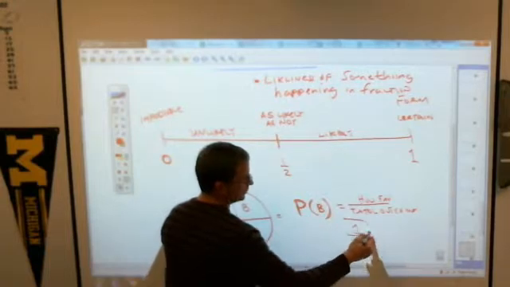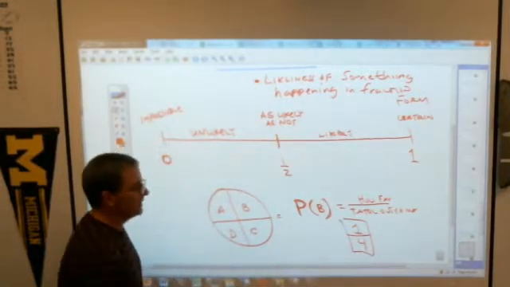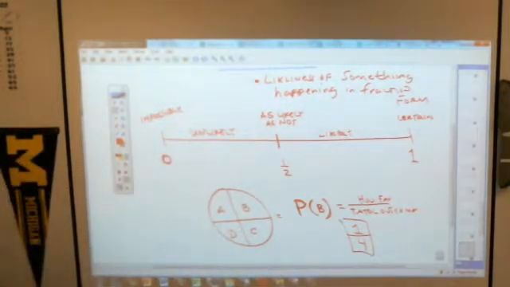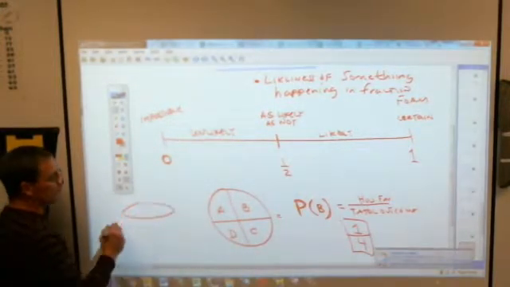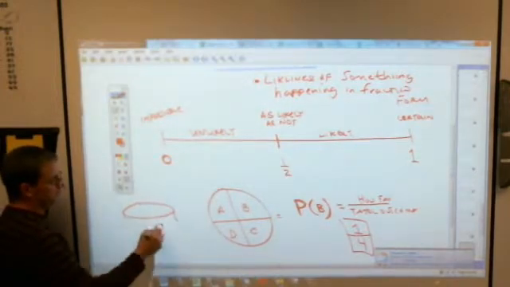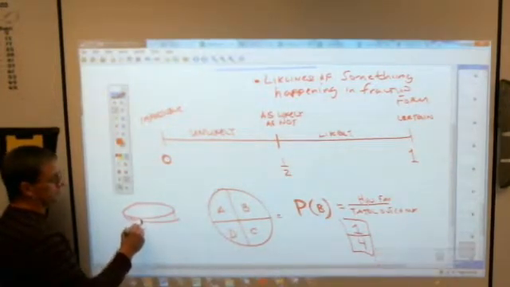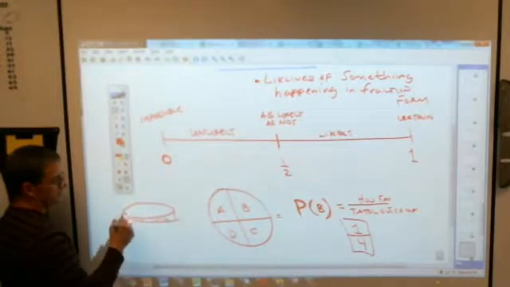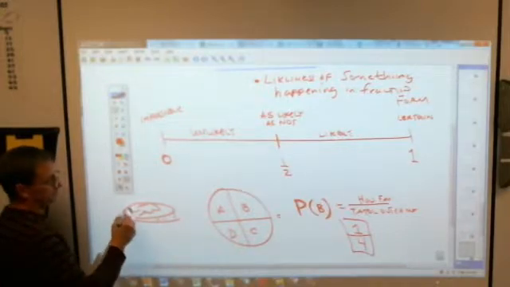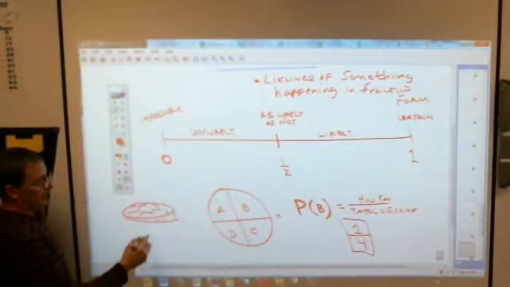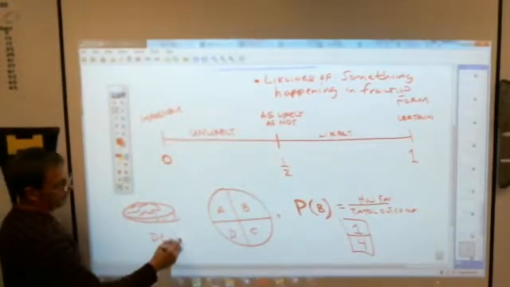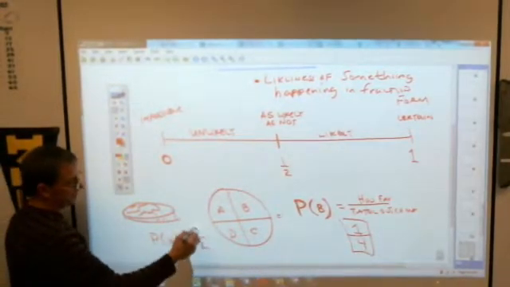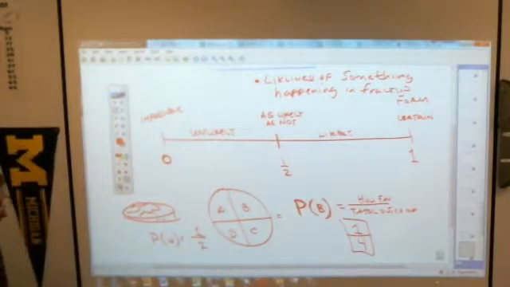So your probability is 1/4. 1 out of 4 times, you should spin the letter B. If you are flipping a coin, and I ask you the probability of flipping a head, well, on a coin there are 2 sides and only one of them would be a head.